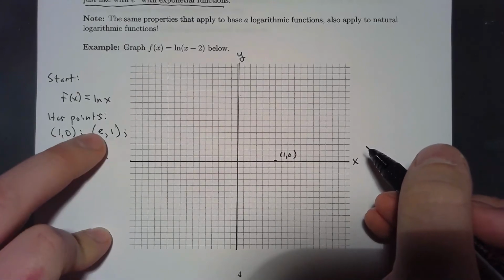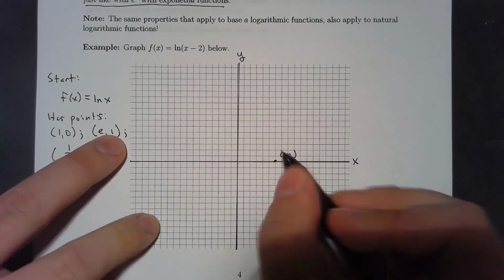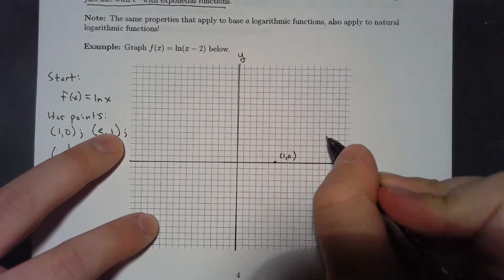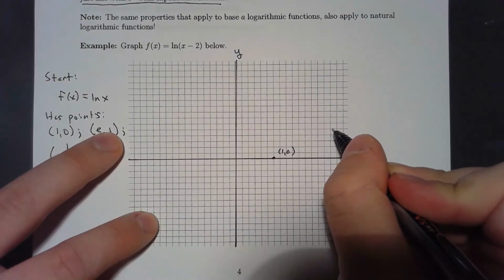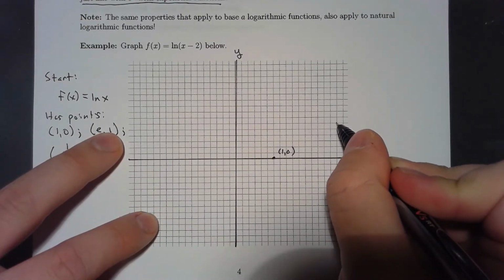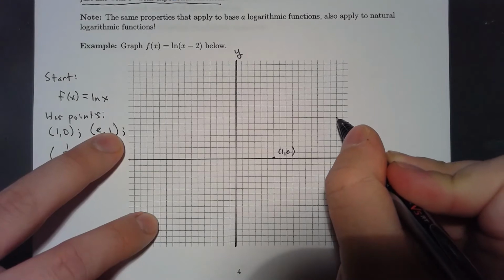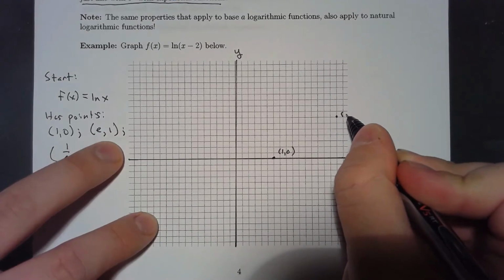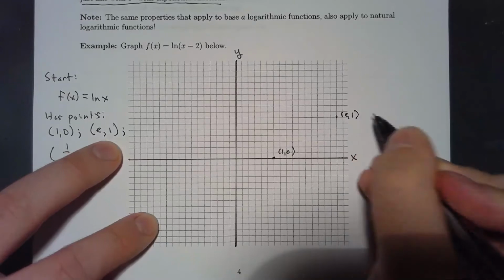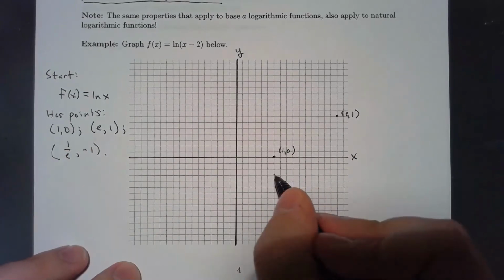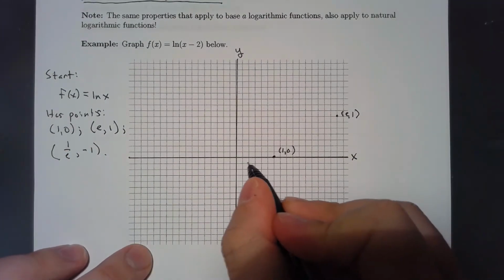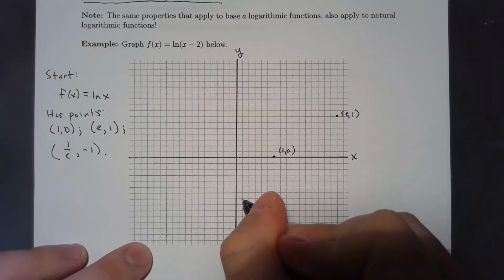(e, 1), so that's (2.72, 1), is right about there. And (1/e, -1) is right about there.